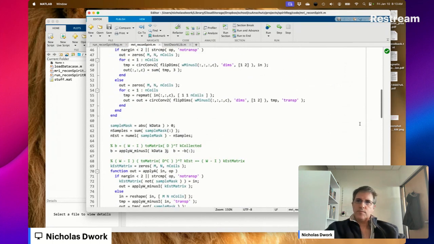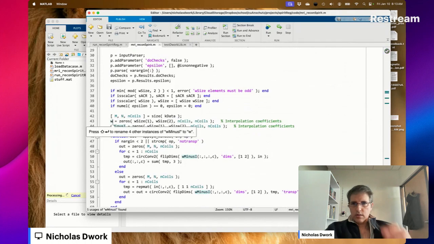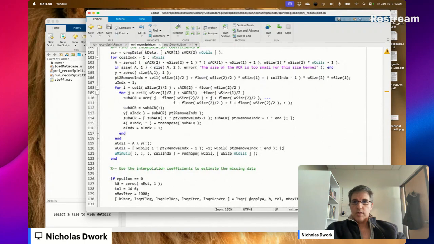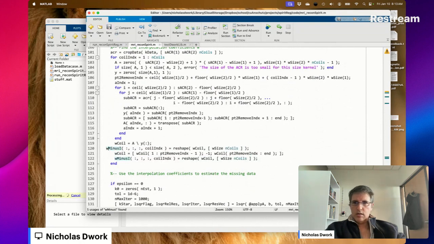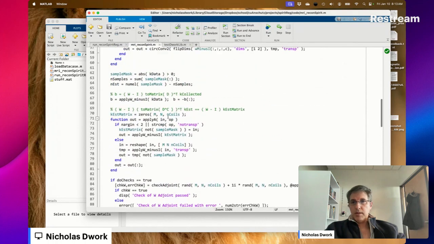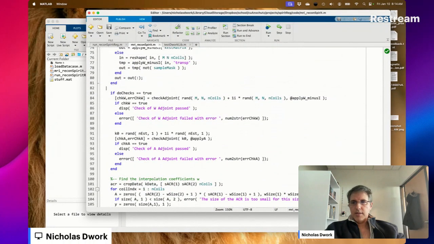Okay. We're going to create both W and W minus I. And then when we apply W, we can bring back our do checks.